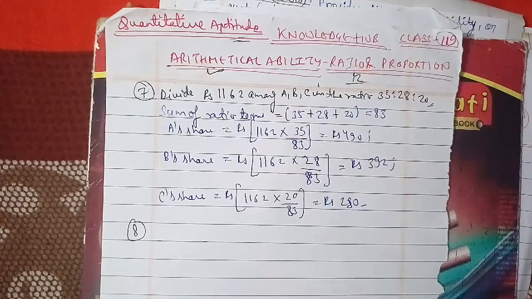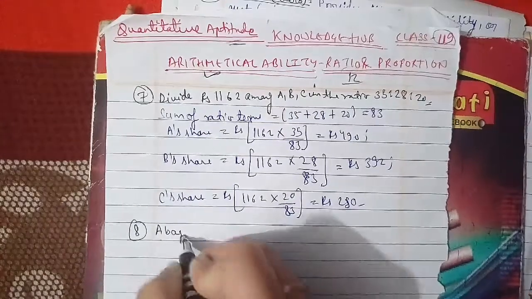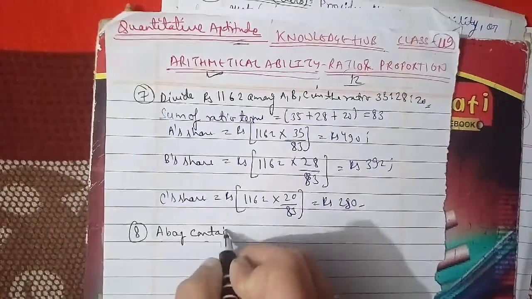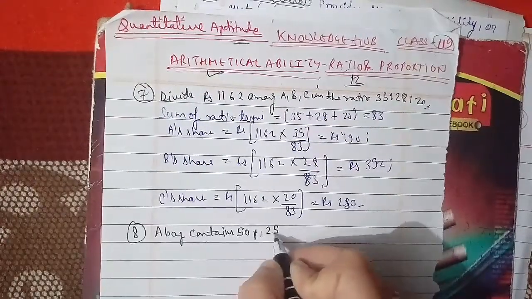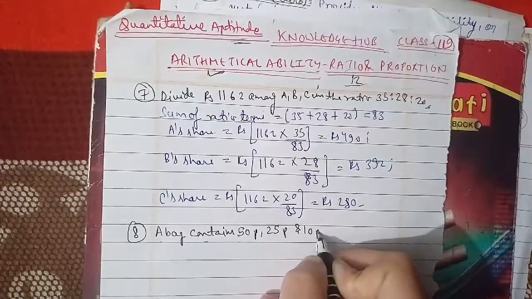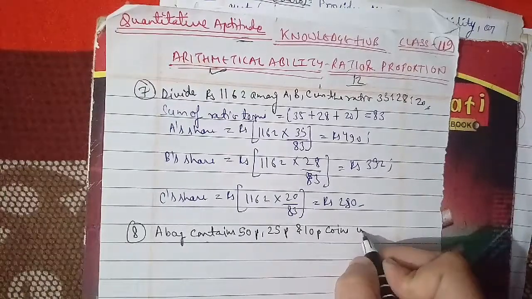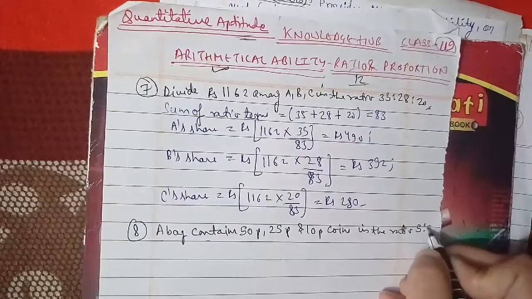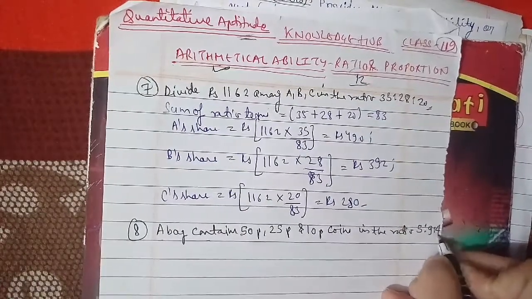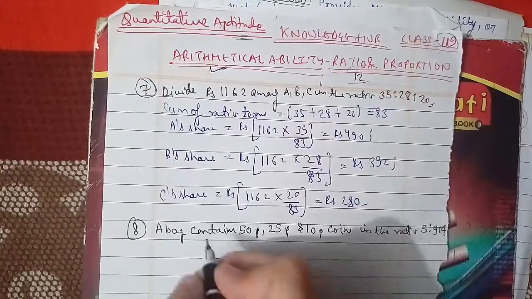A bag contains 50 paisa, 25 paisa and 10 paisa coins in the ratio 5:9:4, amounting to rupees 206.